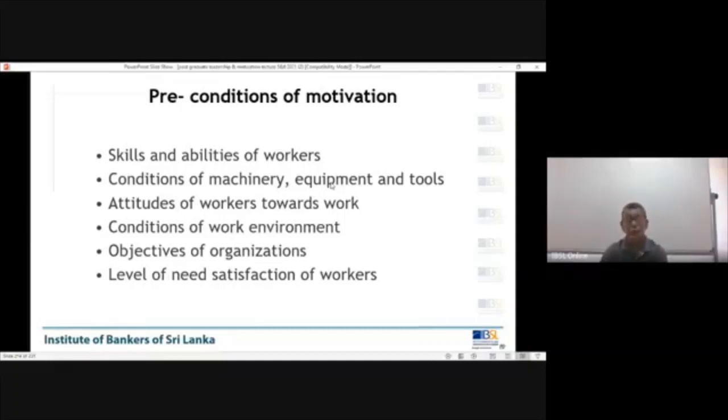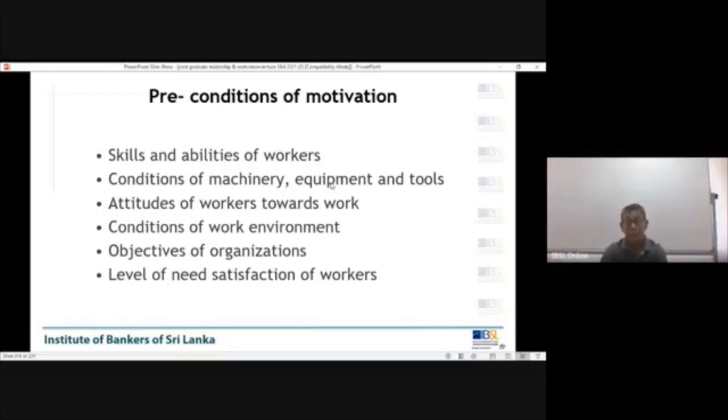How can you motivate people who don't know anything or don't have the competency to do the job? So one of the preconditions of motivation is that you need to develop the skills and abilities of workers. Competency needs to be developed. Without developing the competency, you cannot motivate.